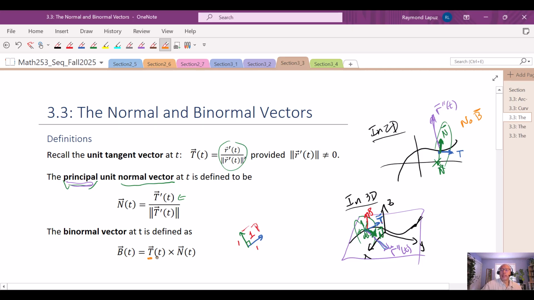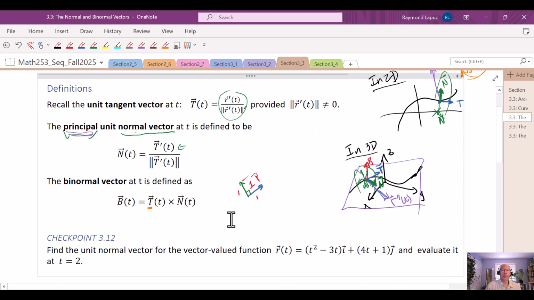But in general, we don't bother with the binormal vector in 2 dimensions. So in 2D we just have the unit tangent and the unit normal, and in 3D we have all 3 of them. Let's take a look at some examples.